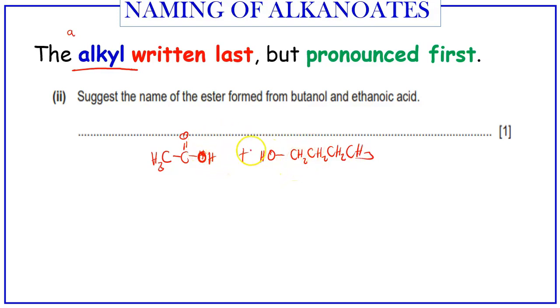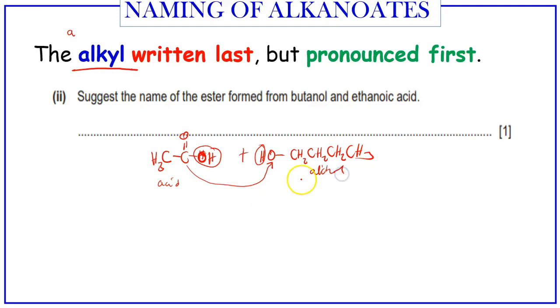Now remember how esters are formed. The H from the alcohol goes, the OH from the carboxylic acid goes. Then these two will come and attach, all right? And remember, the alcohol part is written last and the carboxylic part is written first. So the acid part is this, the alcohol part is this.